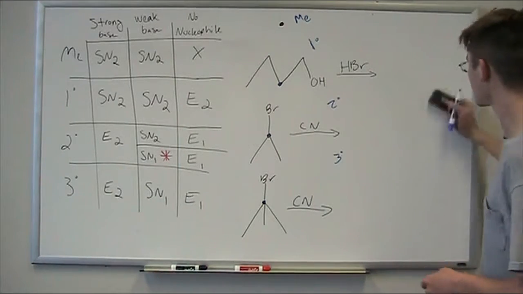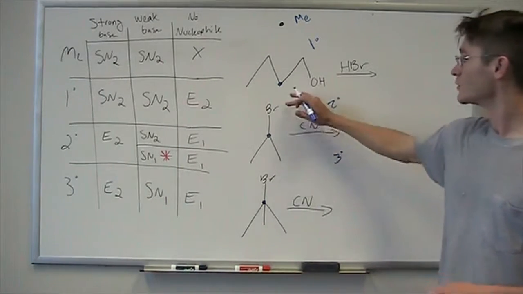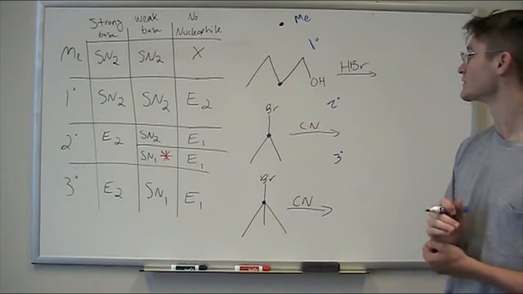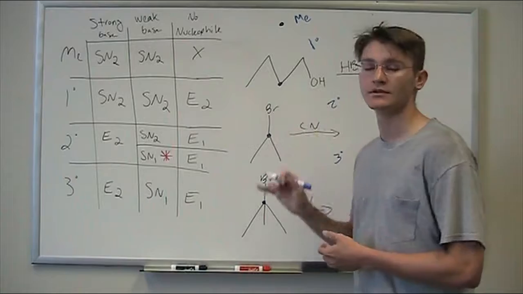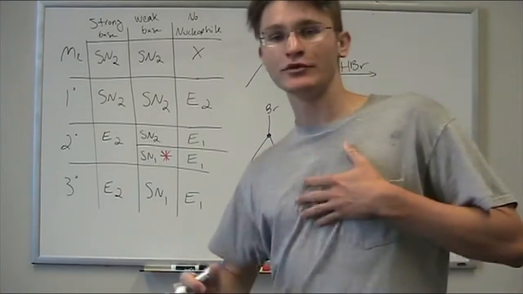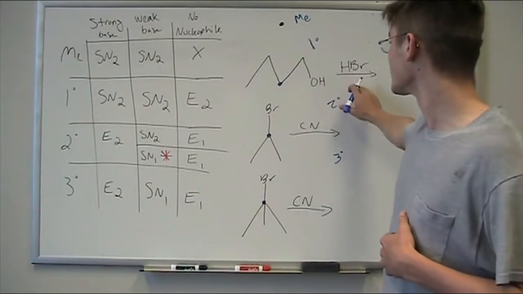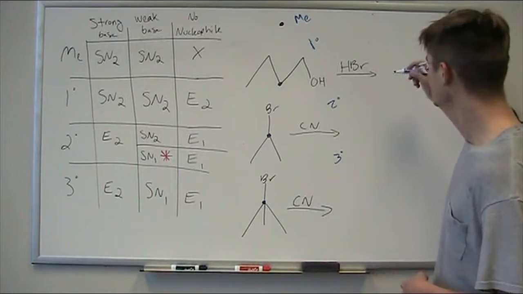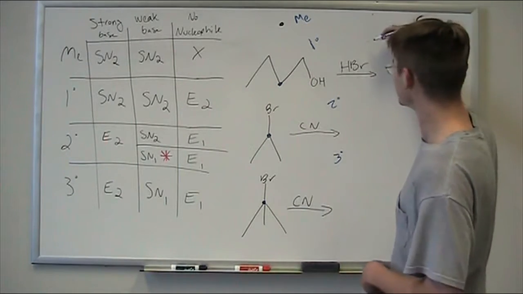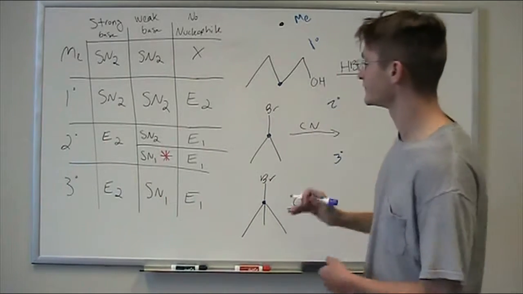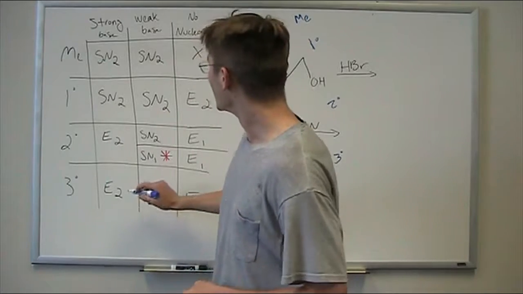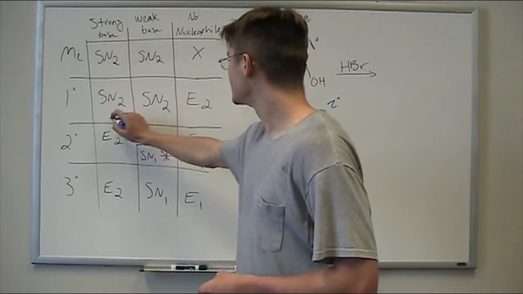I'm going to make a little bit more space for me. All right, so right now we have 1, 2, 3, 4, so it's a butanol, and we're going to react it with hydrogen bromide. Let's figure out where we're at. It would be an SN2 reaction.